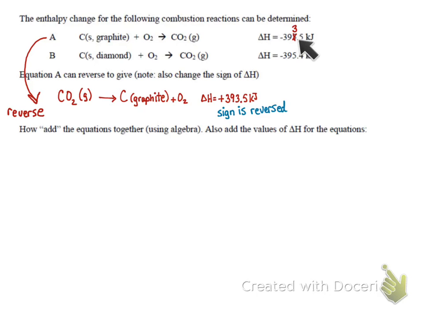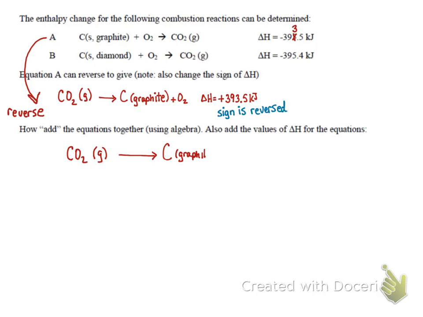This is a typo, this should be a 3 here for delta H. So we completely reverse it, so it's CO2 going to make carbon graphite. Flipping the equation around, we reverse the sign of delta H. It's exactly the same number, but now it's positive 393.5 kilojoules. The sign is reversed.